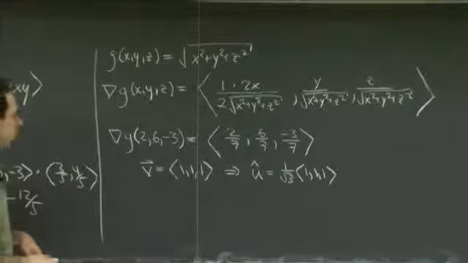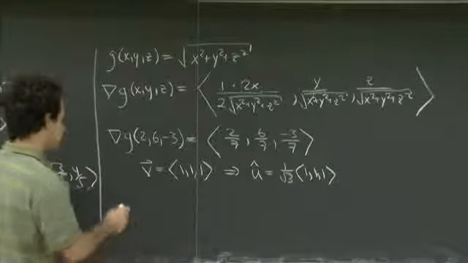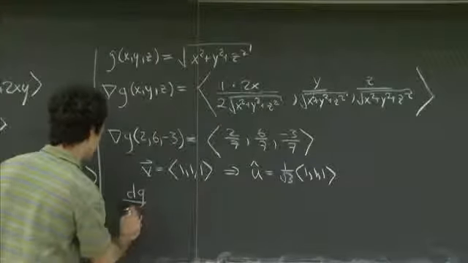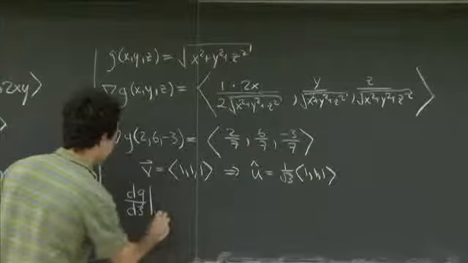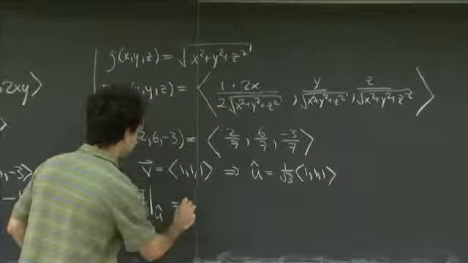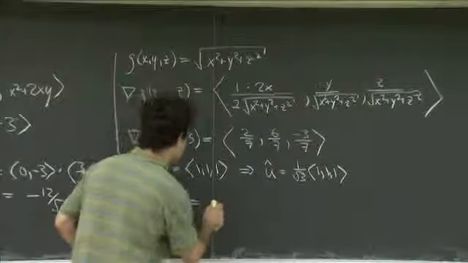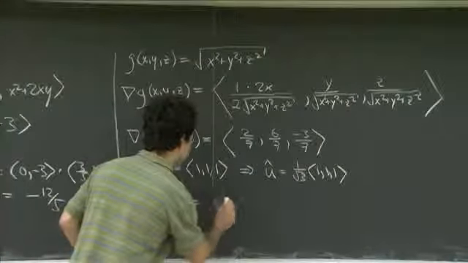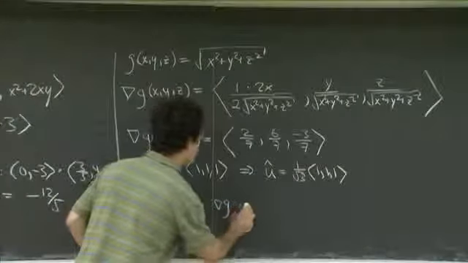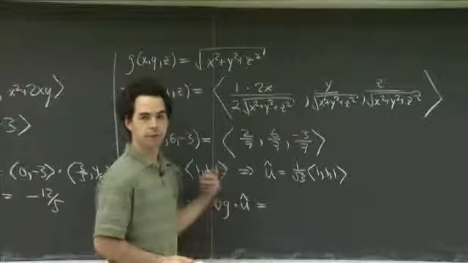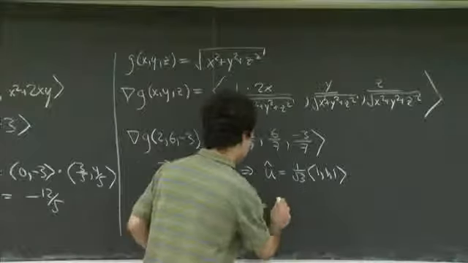And so the directional derivative dg/ds in the direction u hat is what I get when I dot the gradient with this u. So it's gradient dot u, where the 1 over the square root of 3 lives out front.